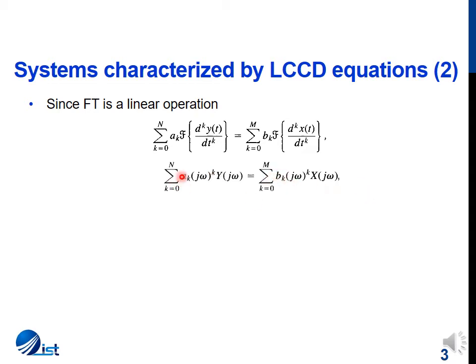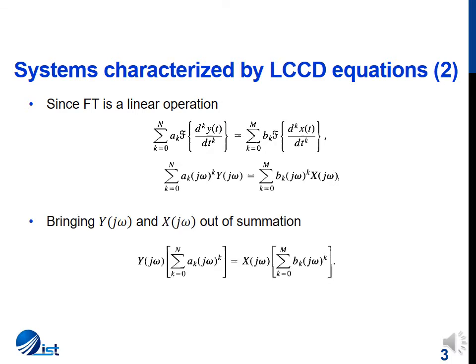It must be noticed that the order of the output terms or y terms is n, and the order of the input terms or x is m, and n is not equal to m generally. So now we form the expression for frequency response. For that, we take out Y(jω) and X(jω) out of the summation sign and just let the k terms remain inside the summation sign.